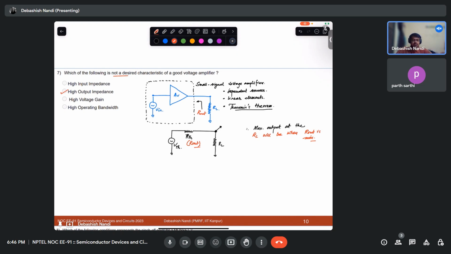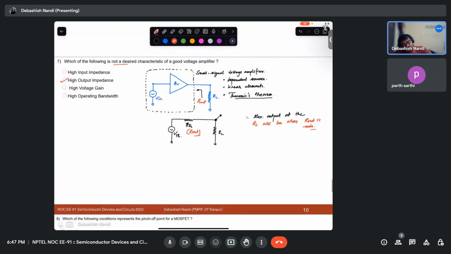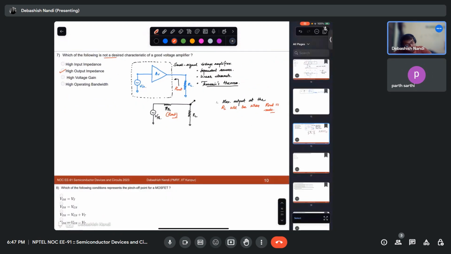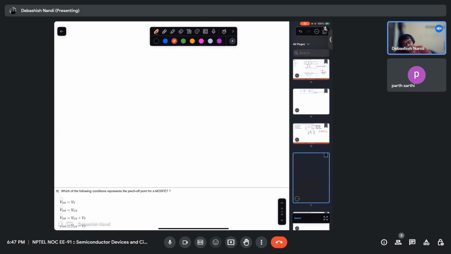We can use the Thevenin equivalent, and if we look into the output, we will see the output resistance, which is the Thevenin resistance, which will come in series with the load resistance. Hence, that Thevenin resistance should be lesser. Okay, fine. Now tell me, in this regard, how will the scenario change?